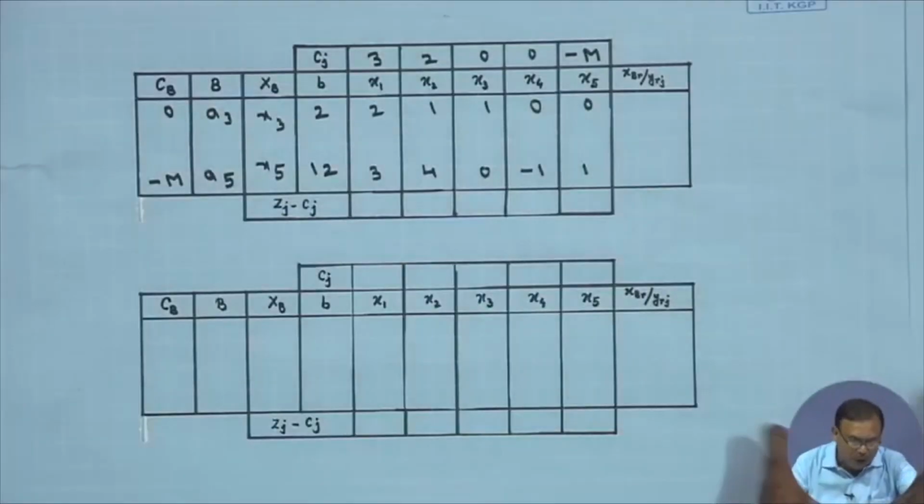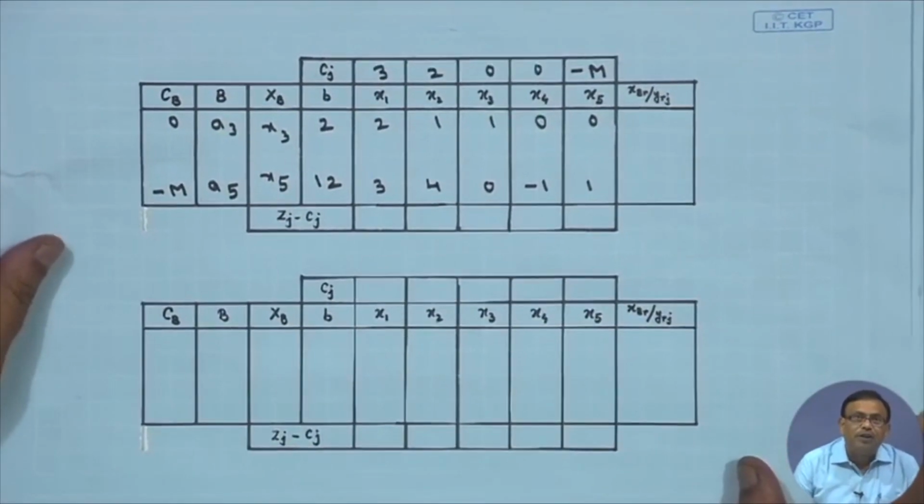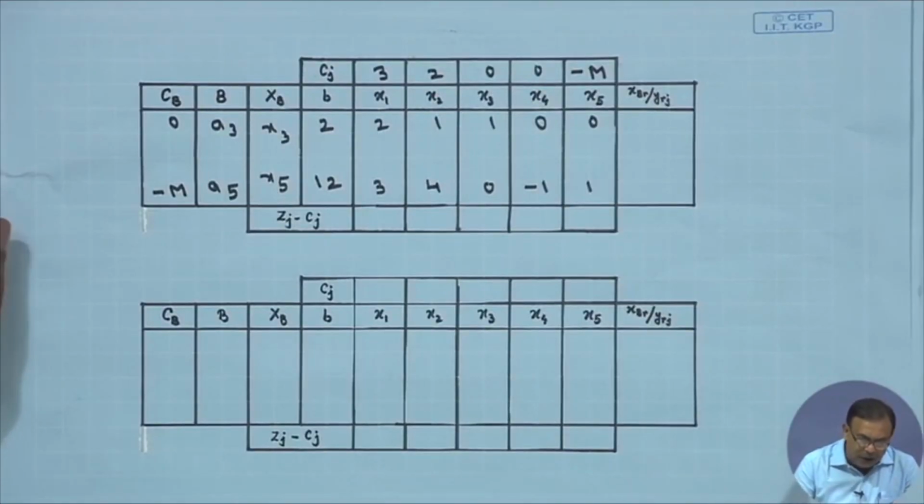Now, what do I have to do? I have to find out the value of z j minus c j, that is the reduced cost.